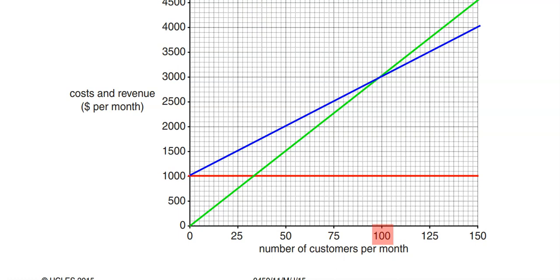I know that the 2 lines would intersect at 100, where the break even will happen. Remember, this is my break even point. This is where the business will have both total cost and total revenue lines equal. So Gomez is going to break even on 100 customers, and he's planning to reduce this number.